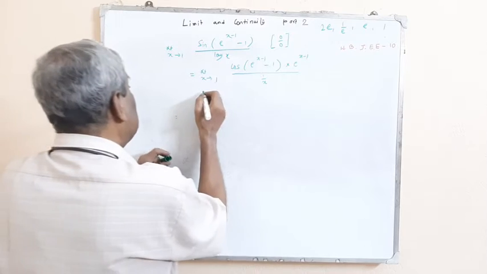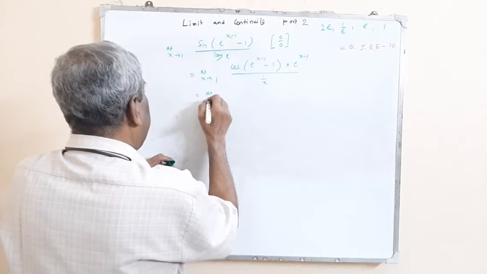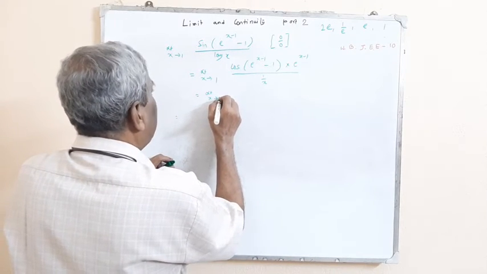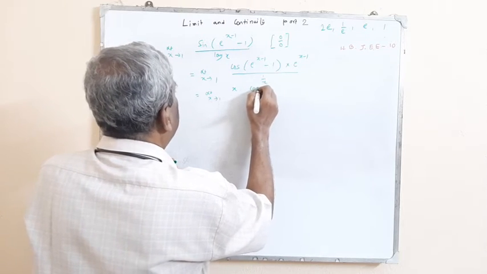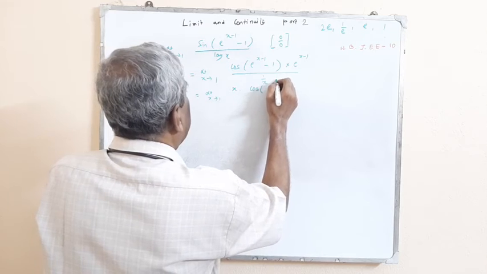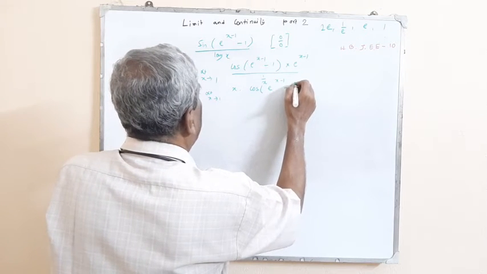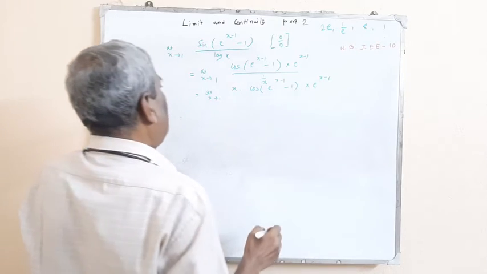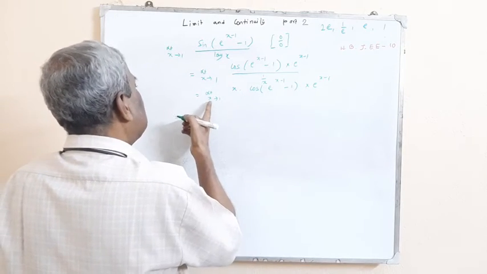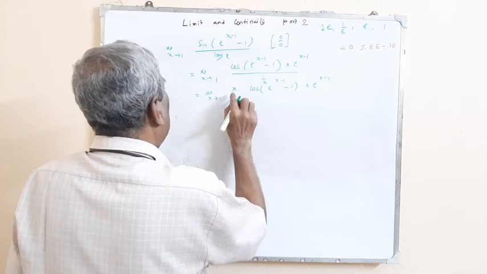So it is equal to limit x tends to 1, x into cos of (e to the power x minus 1 minus 1) into e to the power x minus 1.